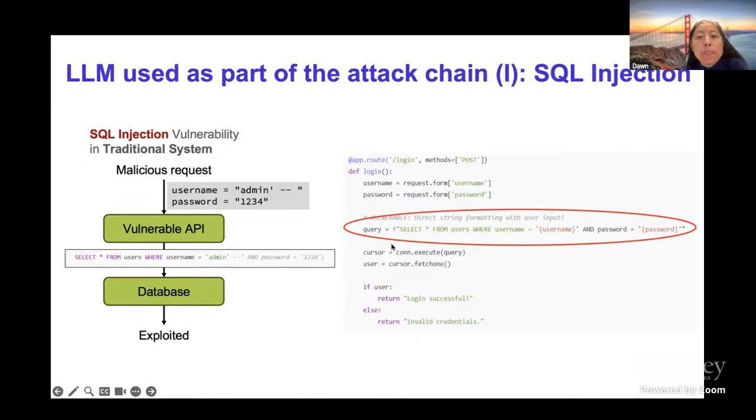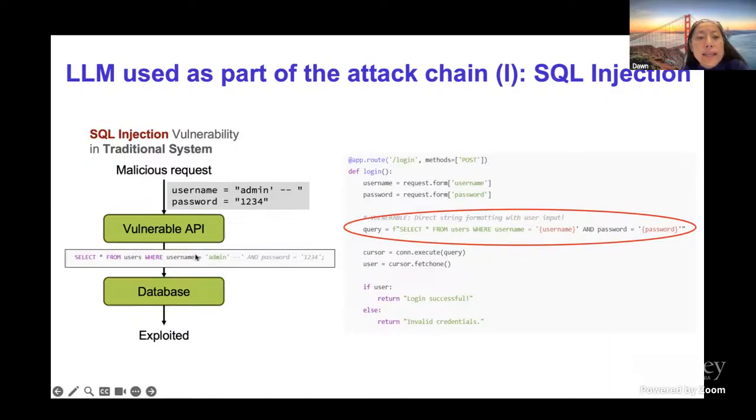Now, as you can see, the username and password in this case come from untrusted sources, and there's no proper input sanitization, hence a malicious attacker can provide malicious inputs for the username and password to cause the system to execute a malicious SQL query from this construction.